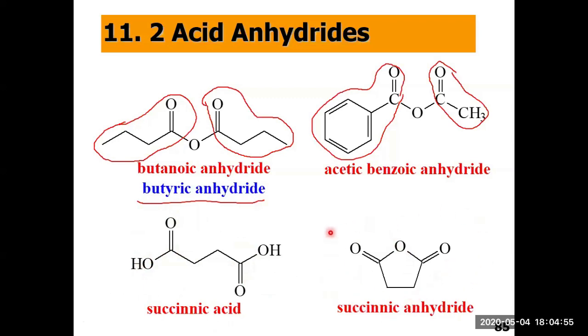This is an example of a cyclic anhydride. So for this slide, we've seen 3 types of acid anhydrides. The first type is wherein you have 2 similar acyl groups bonded to an oxygen. In the second type, you have 2 different acyl groups bonded to an oxygen. And the third type includes a cyclic anhydride.